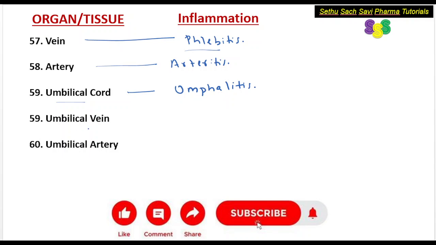Therefore, inflammation of umbilical vein is called omphalophlebitis, whereas the inflammation of umbilical artery is called omphaloarteritis. So these are some of the very important terminologies used for the inflammation of various organs and tissues.